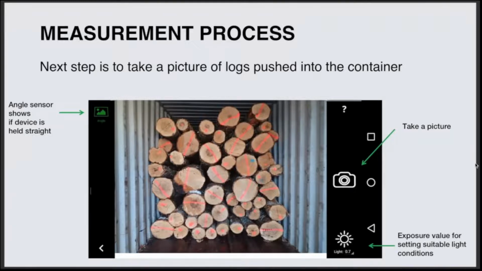The device will instruct you whether the parallel is held straight and let you take a picture. And if there are not very good light conditions, then you can change the exposure value to have a better quality of picture. And then when everything is suitable, take a picture.